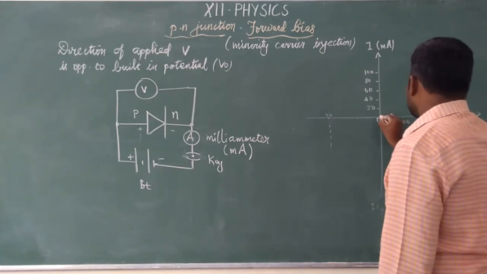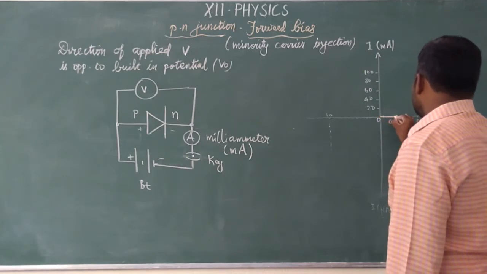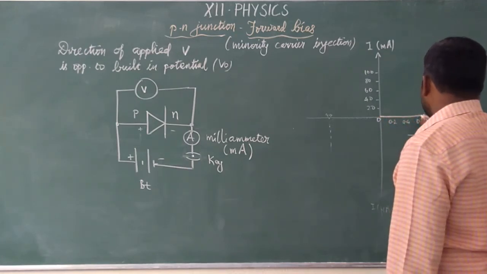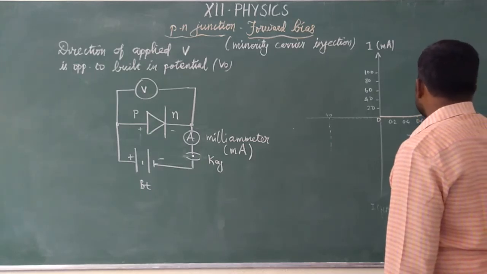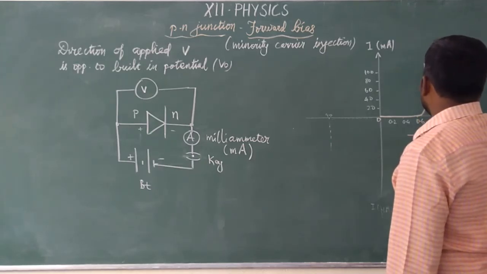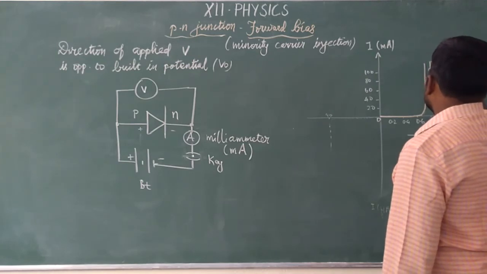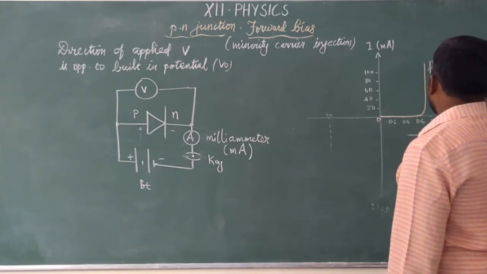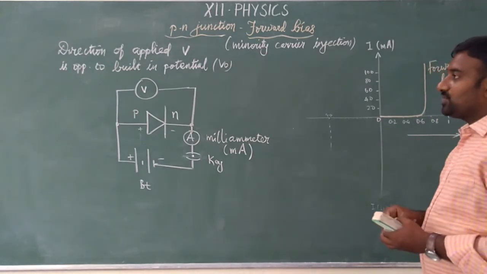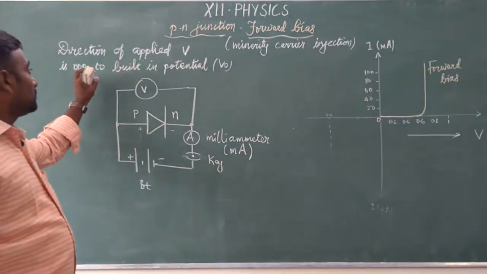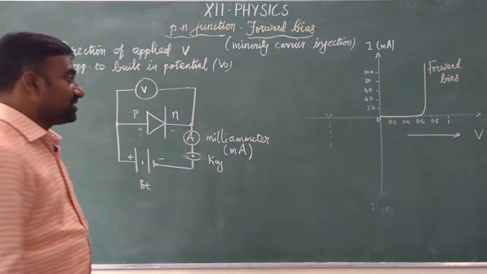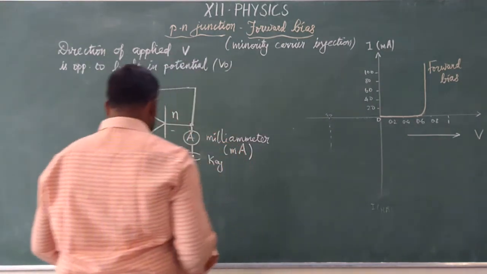In forward bias, when the voltage is increased to a certain applied voltage, the current also suddenly increases. This is said to be forward bias. So in the forward bias case, the direction of the applied voltage should be opposite to the built-in potential. How? Listen.